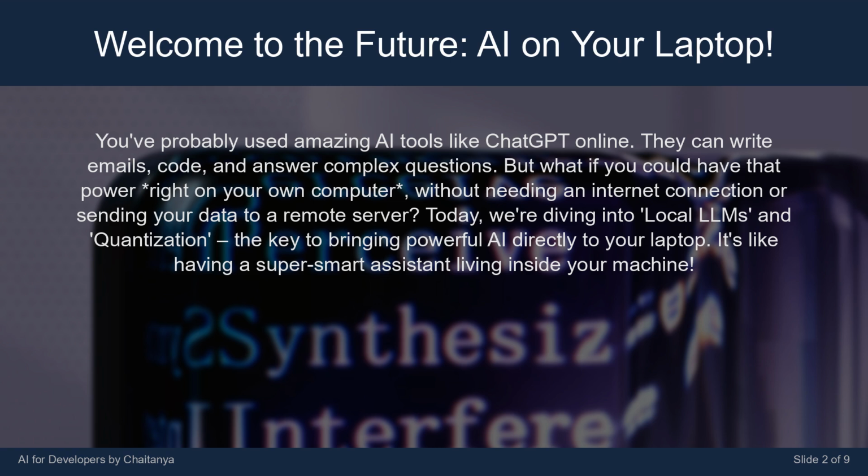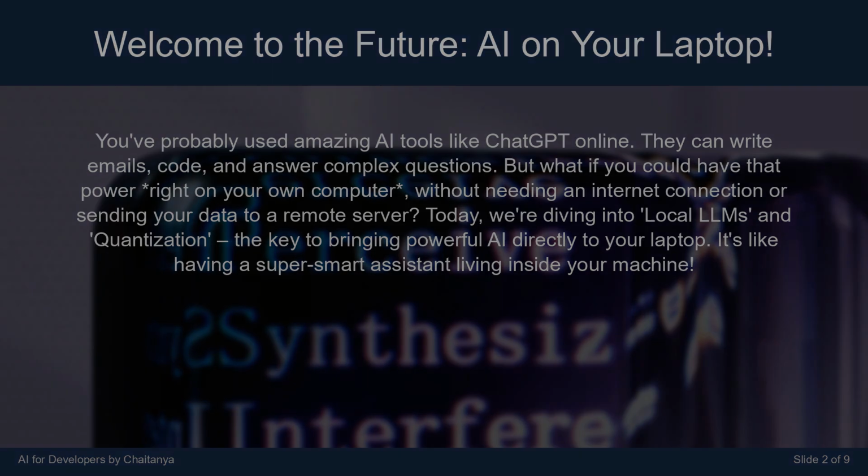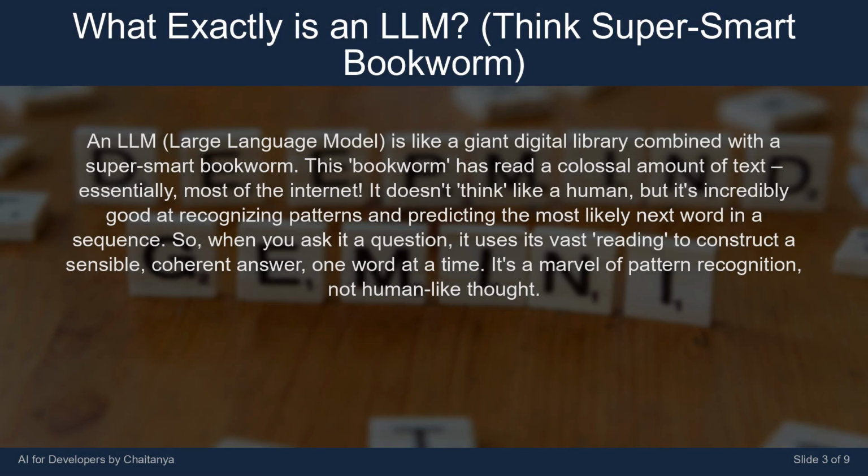Today, we're diving into local LLMs and quantization, the key to bringing powerful AI directly to your laptop. It's like having a super smart assistant living inside your machine. An LLM, large language model, is like a giant digital library combined with a super smart bookworm. This bookworm has read a colossal amount of text, essentially most of the internet.